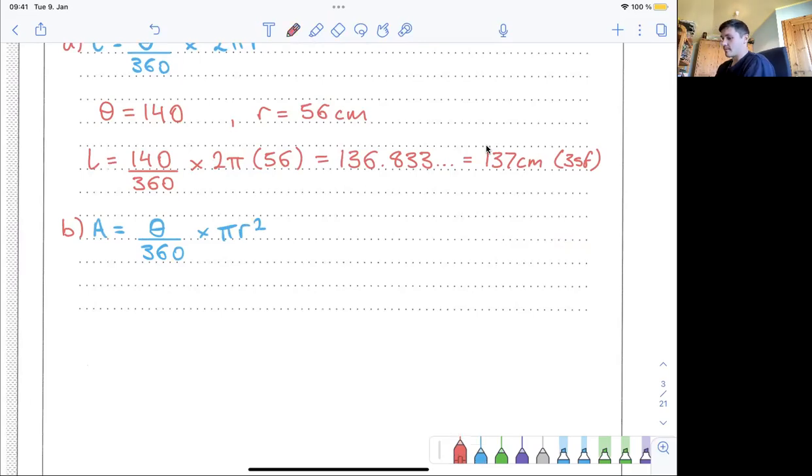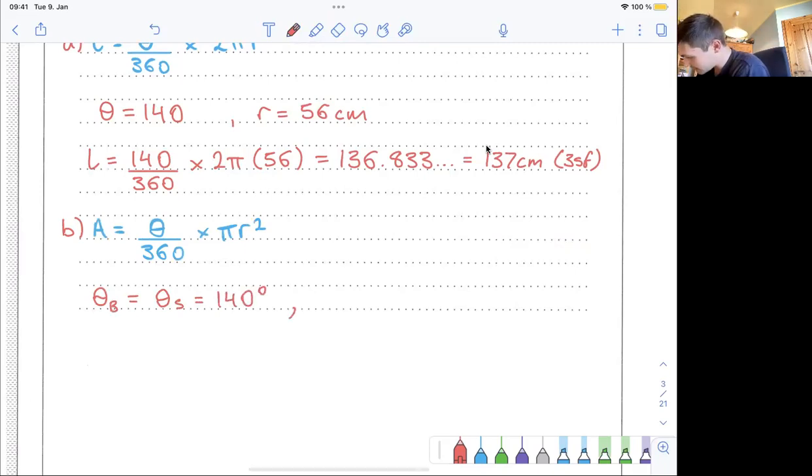Theta for our big sector and theta for our small sector are the same: 140 degrees.